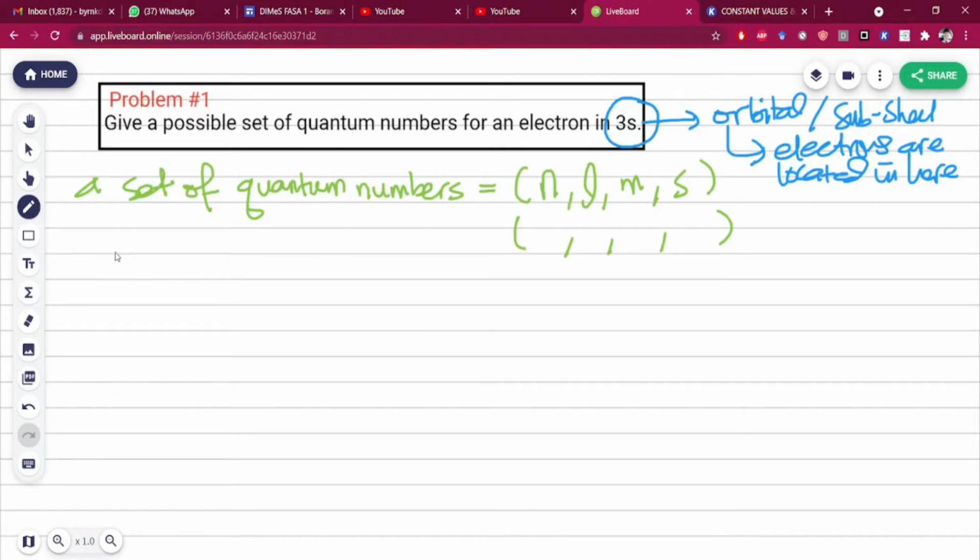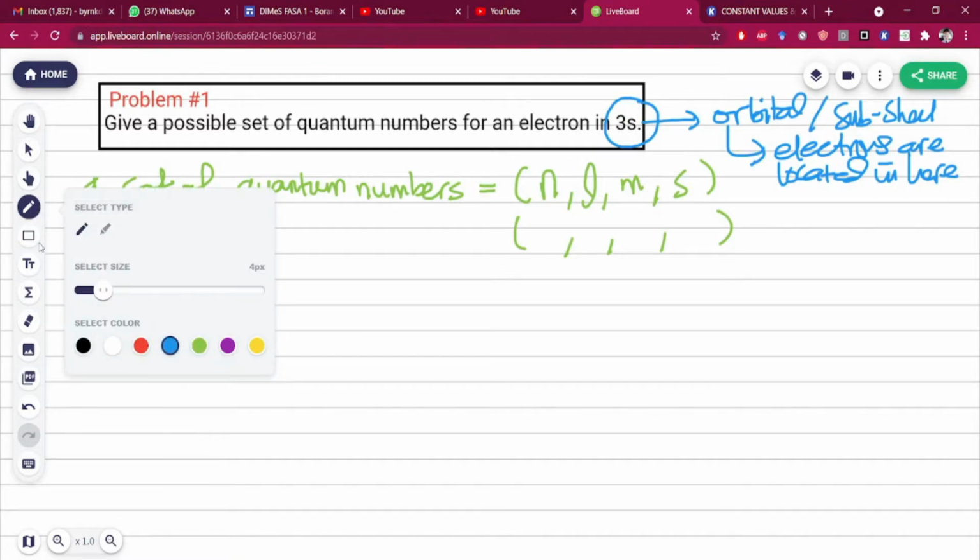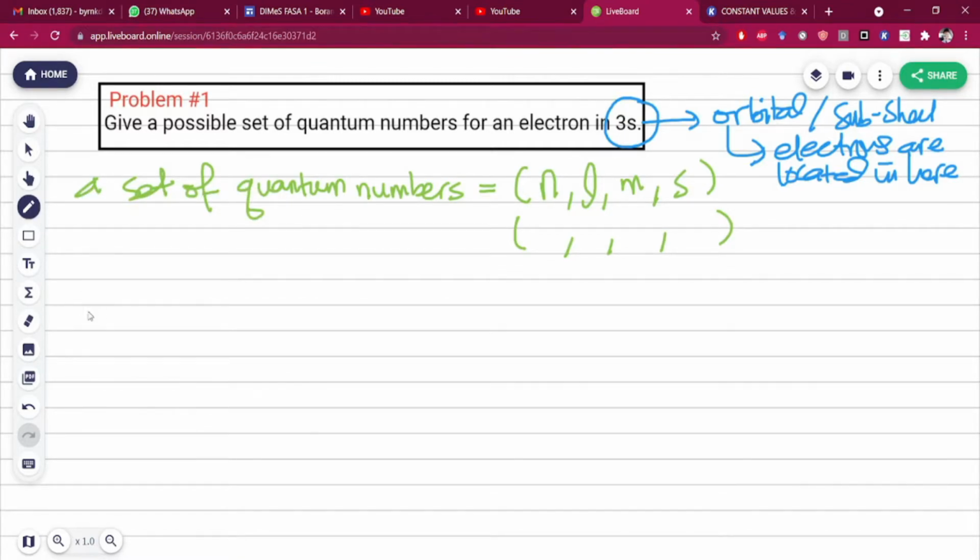This time in this question, it wants you to find out only one possible set. Do remember that in 3s, you can have one electron and add two electrons.